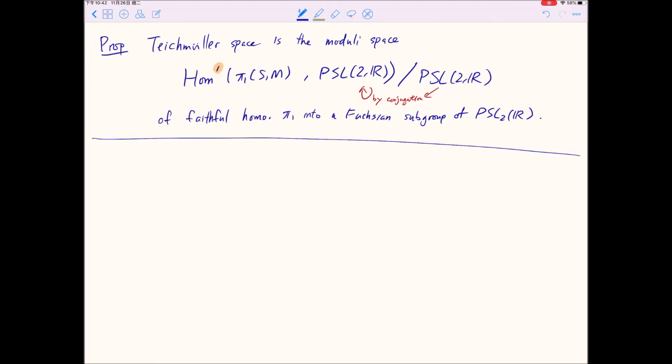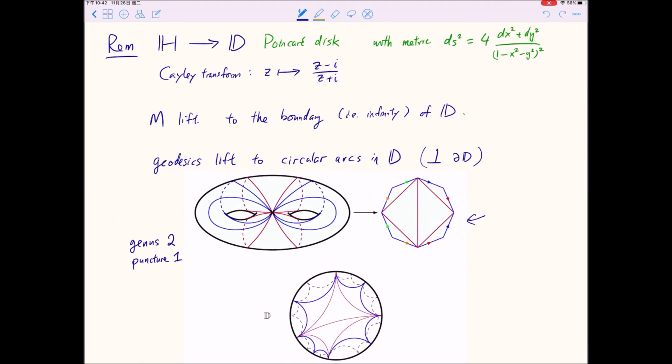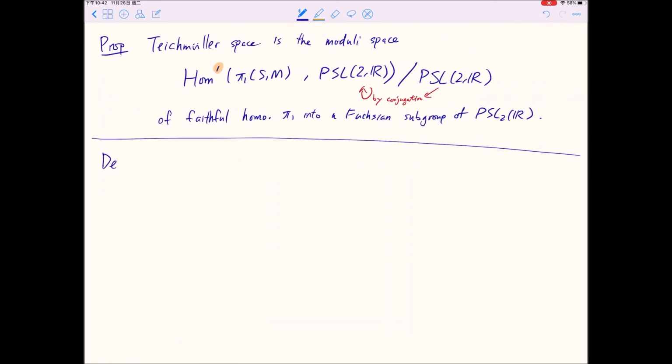But as we mentioned here, we see that the geodesics of the triangulations all have infinite length because the endpoints lie on infinity. To remedy this, we would like to truncate the geodesics so that they become finite length. And this can be done by introducing the concept of a horocycle.